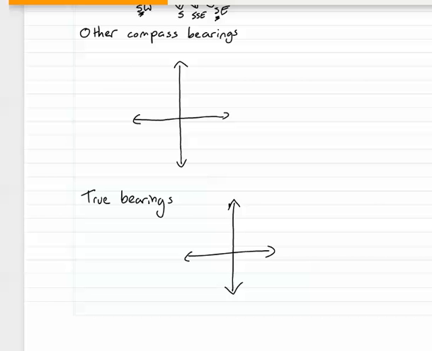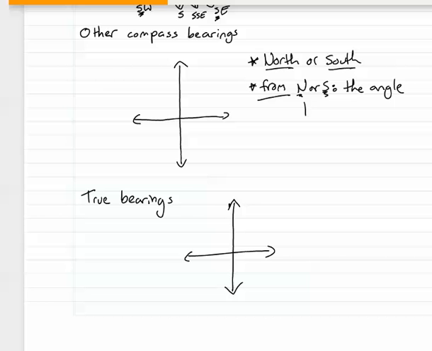These are given as to whether they are north or south first, and then from there we have the angle towards east or west.